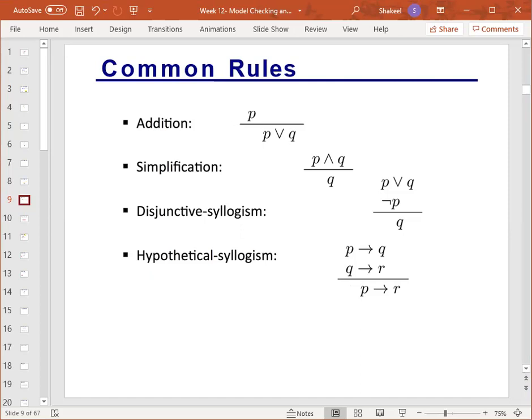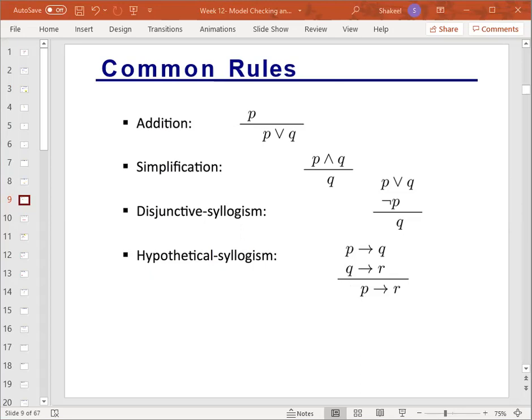And we know that P is false, then it depends on Q. So we could simplify these two elements here and infer Q.